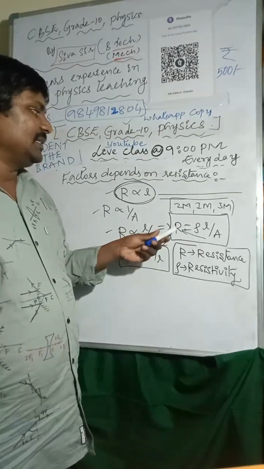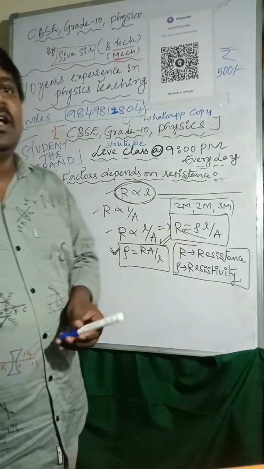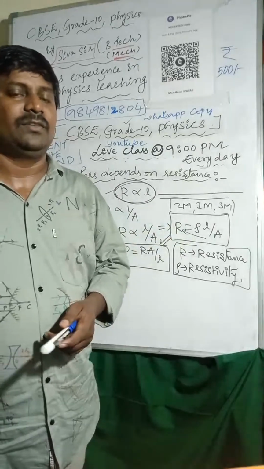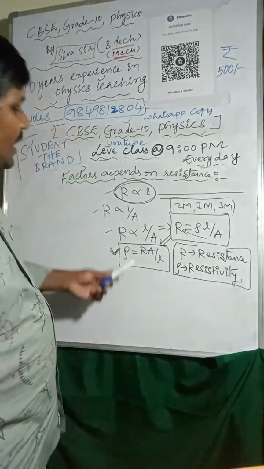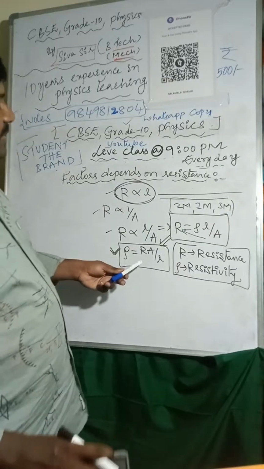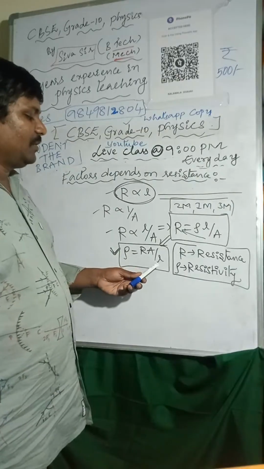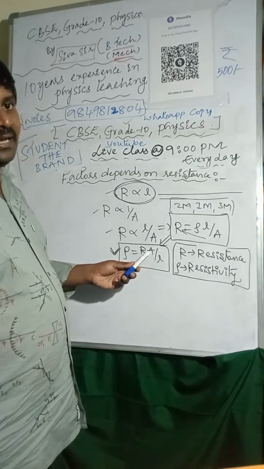Resistance is the phenomenon of opposing the electric current. Resistivity is nothing but the resistance of the conductor per unit length and unit cross-sectional area.